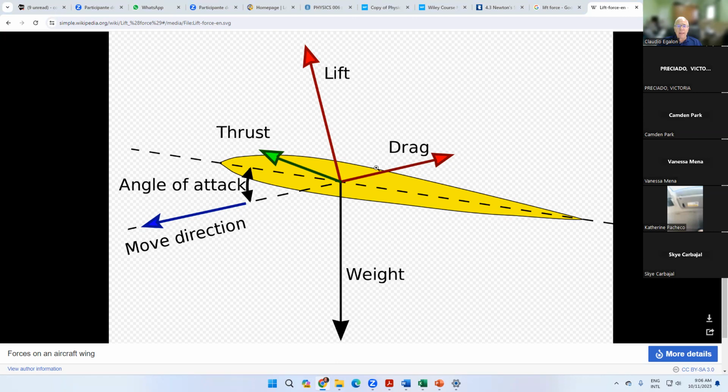You're going to have a downward force of the air on the upper surface of the wing and an upward force on the lower surface of the wing. However, this lower force sometimes can be larger or smaller than this other force here. And that's what ends up producing lift or the lack of it.